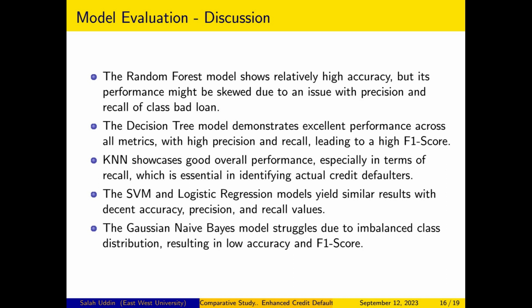KNN showcases good overall performance, especially in terms of recall, which is essential in identifying actual credit defaulters. The SVM and Logistic Regression models yield similar results with decent accuracy, precision, and recall values. And finally, the Gaussian Naive Bayes model struggles due to imbalanced class distribution, resulting in low accuracy in F1 score.